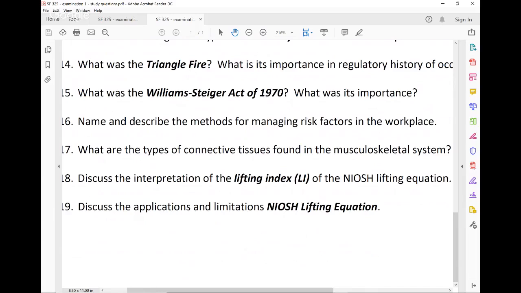That would give you a lifting index of 2.3. Your load is 2.3 times higher than what it should be according to the NIOSH lifting equation. So that's how you'd interpret that number.